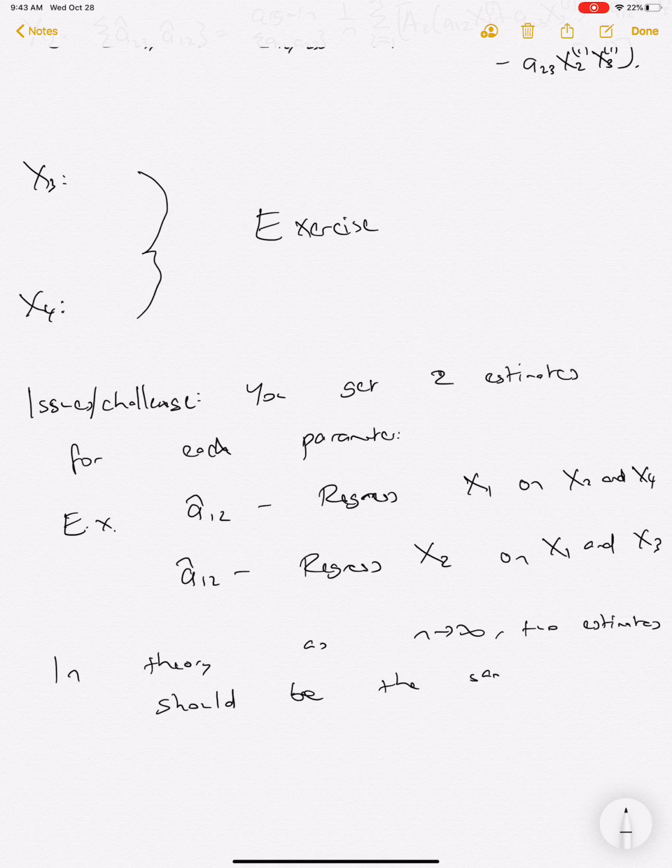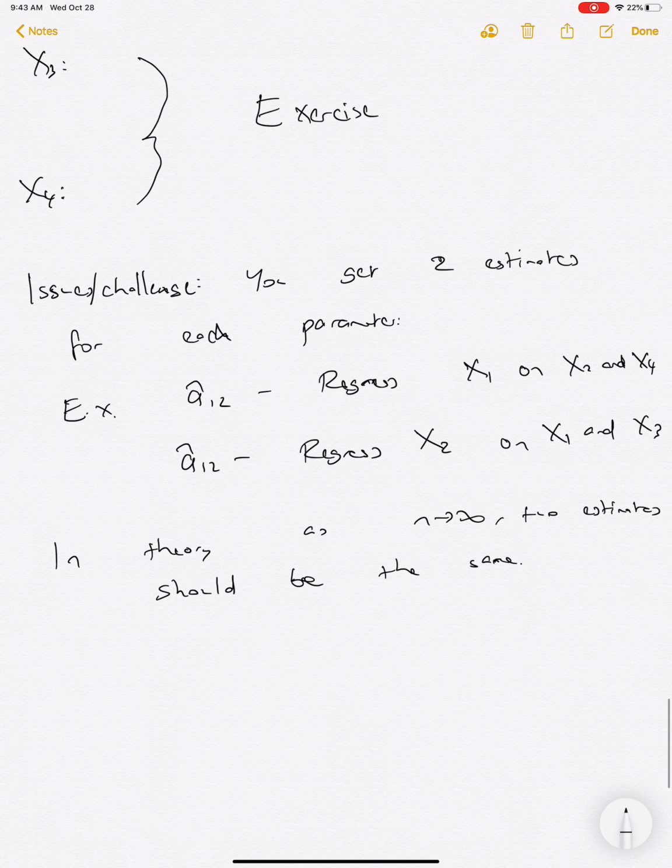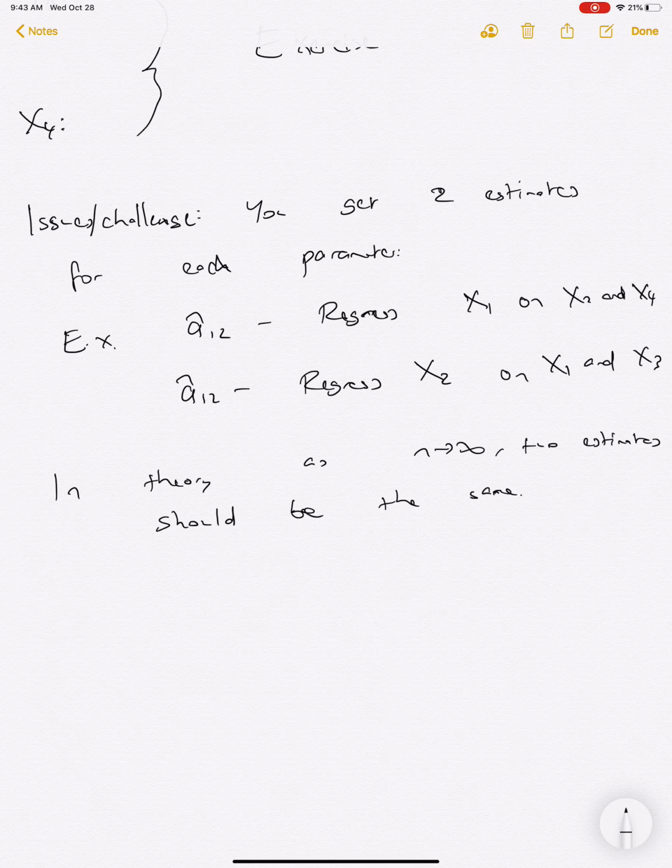But of course, in practice, that doesn't always happen, because you don't have n going to infinity. That's certainly something that's kind of challenging. And I guess there's a couple of things you can do. You can hope the 2 estimates are close.